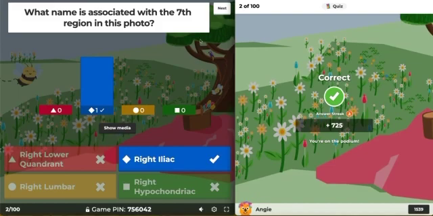So what's important to know about regions and quadrants is that quadrants are a general four-division way of describing where generally a pain, structure, or anything of that sort is, location-wise. But region is a more specific way to determine location.